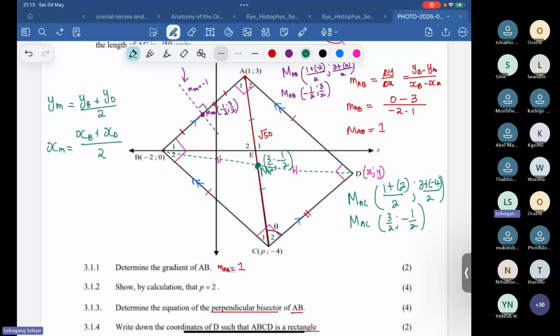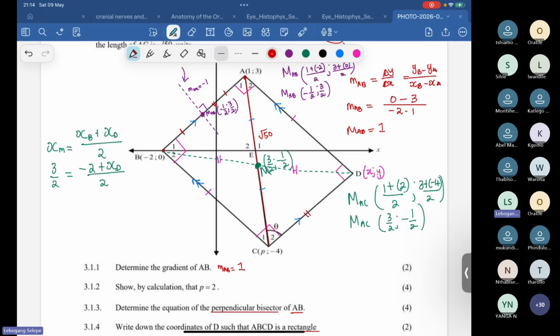So let's start here. Let's remove this so that we don't get confused. So the x midpoint is 3 over 2, which is equal to, do we know the x value of B? The answer is yes. The x value of B is negative 2. So we substitute negative 2 plus the x value of D, which we don't know, all divided by 2.